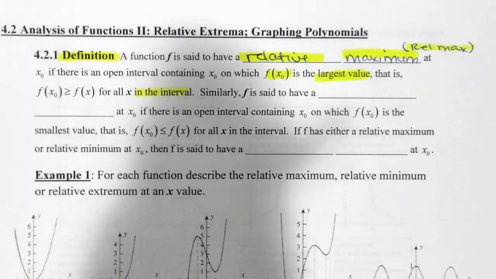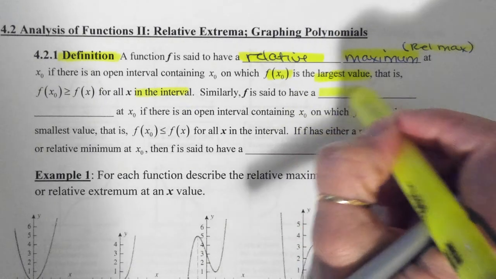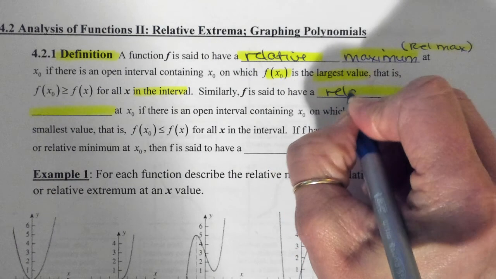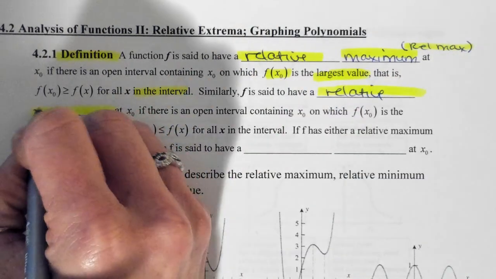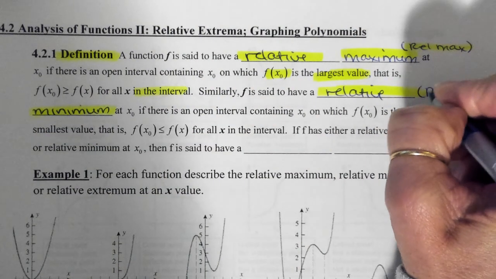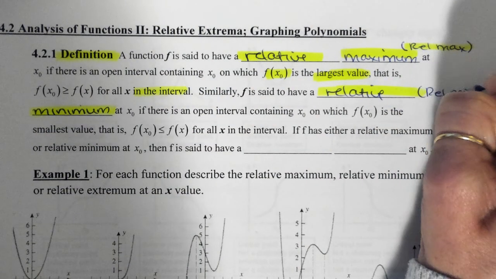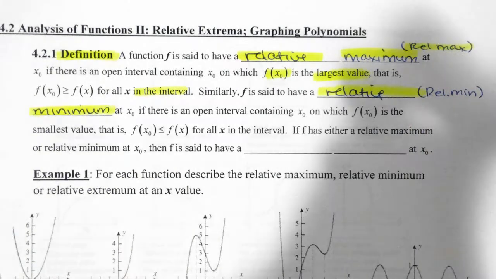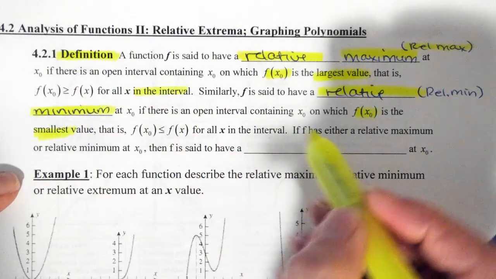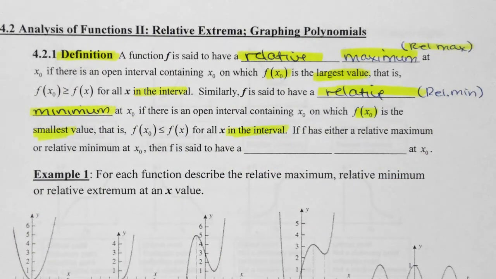Okay, and then f is said to have a relative minimum, also abbreviated REL MIN, relative min, if your y value is the smallest value in that interval.